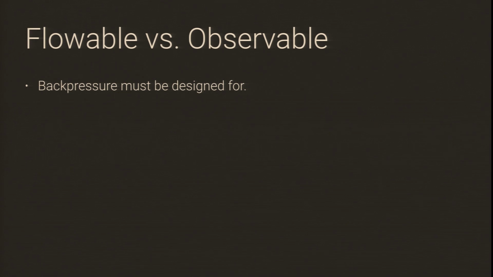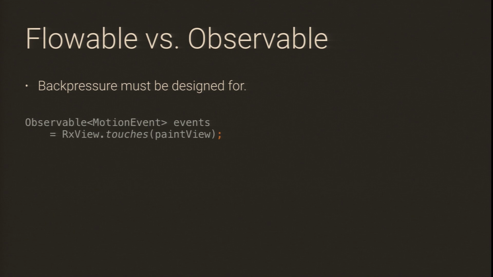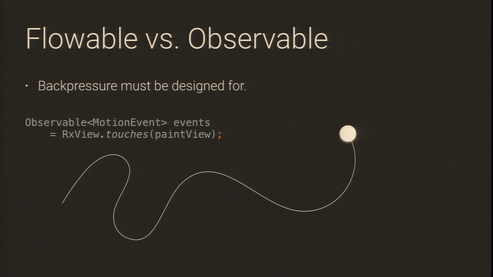So a simple example, going back to Android in this case: if you're interacting with a device and you're taking your finger and painting across the screen, this is going to send what are called motion events. If you model this in RxJava, you'll get a stream of motion events. For every change that the display can detect with your finger moving, it'll send an event.